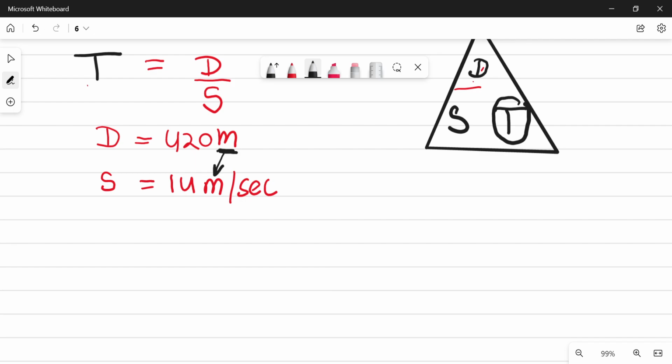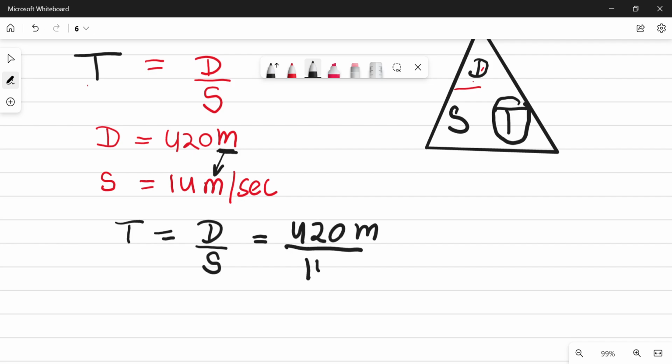Otherwise, we have to change the units. They both should be in the same unit for doing the ratio. Okay, so now we have to find the time. Time is equal to distance upon speed. Distance is 420 meter and speed is equal to 14 meter per second.